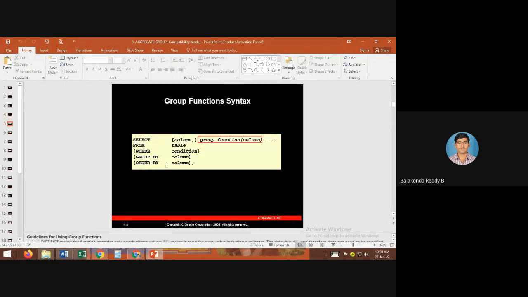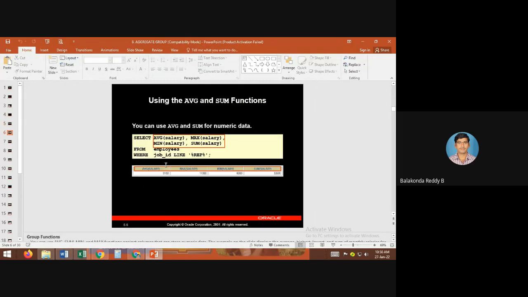First one, see here. Now I want to find at a time the average, minimum, maximum salary from employee of department CSC. So we can write average of salary, max salary, min salary, sum of salary from employee where department equal to CSC. Okay.